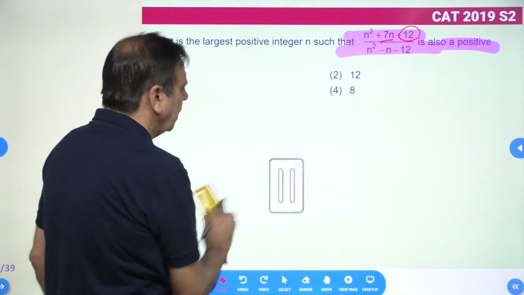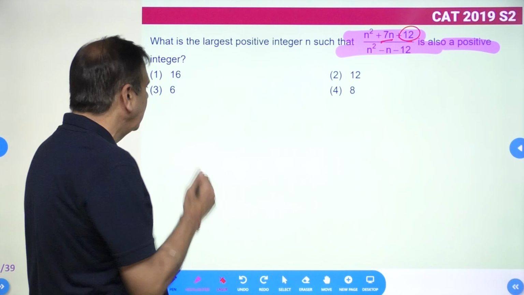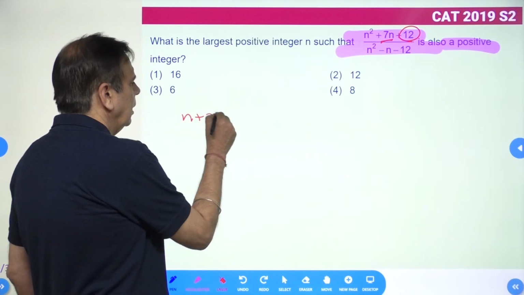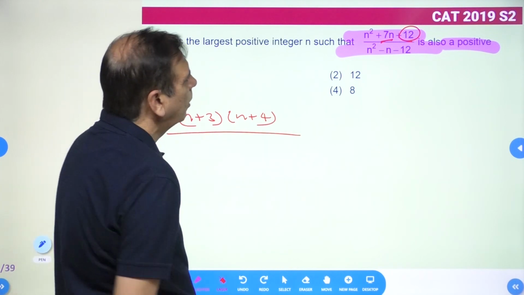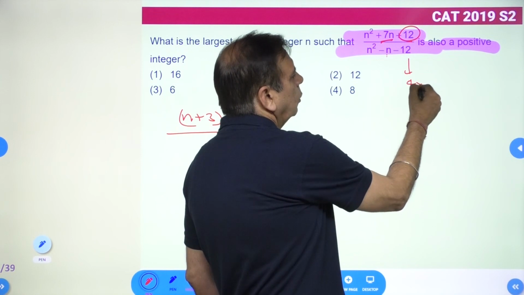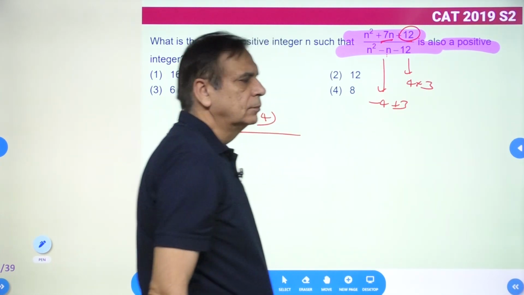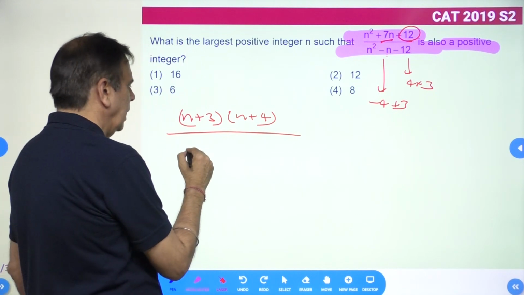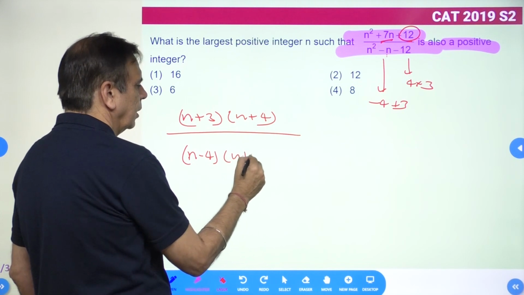So the numerator can be simplified as n plus 3 into n plus 4. What about the denominator? Same thing. 4 into 3, and this can be minus 4 plus 3. So it can be n minus 4 into n plus 3.